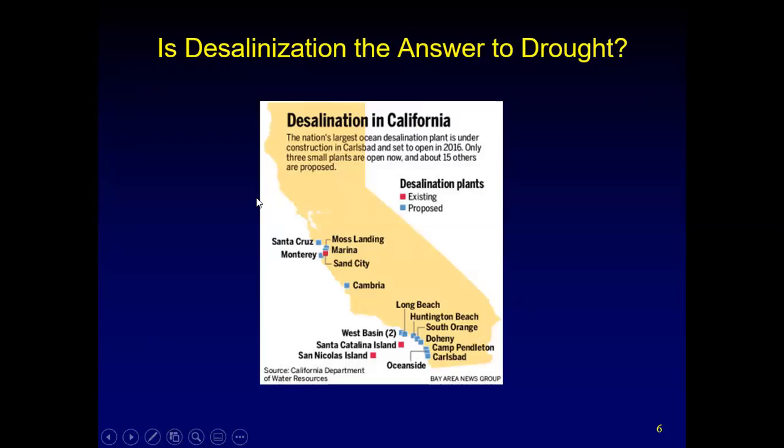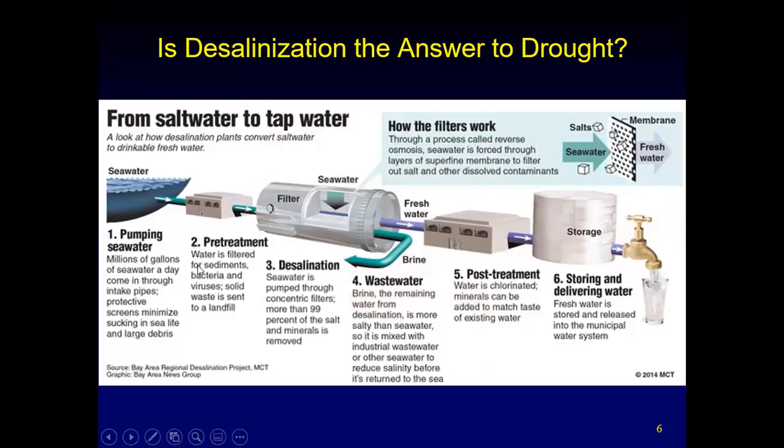So desalinization is, a lot of people are thinking that might be the way to fix California's drought. Unfortunately, it is an extremely energy intensive project, and it takes a ton of money to do it.